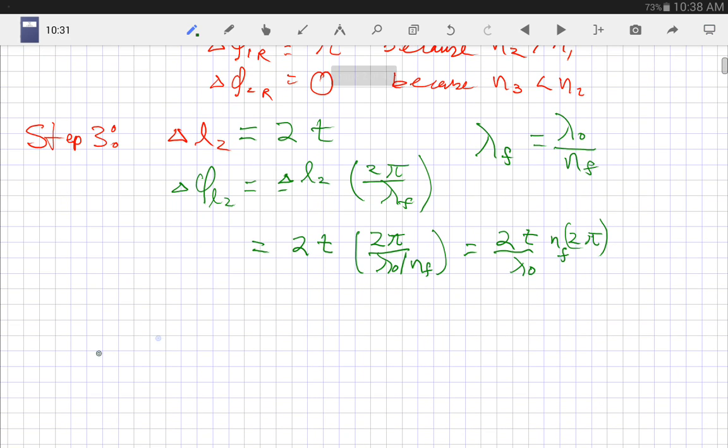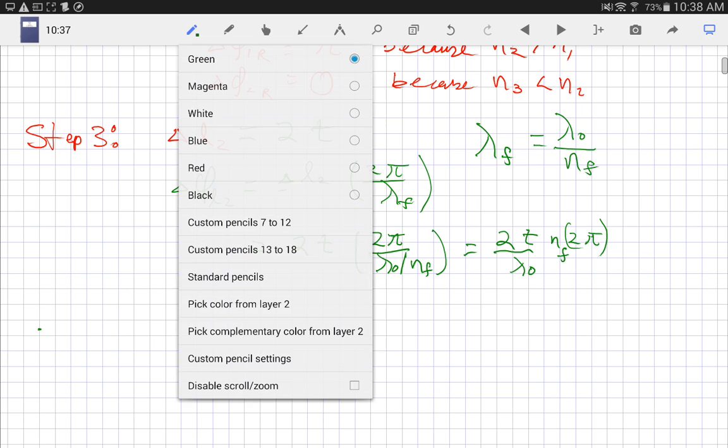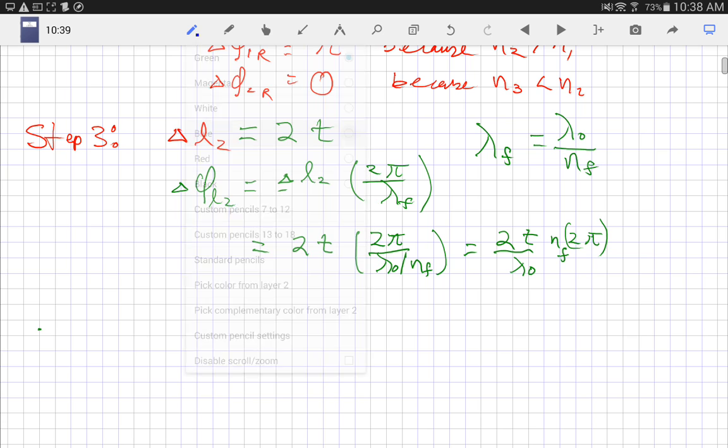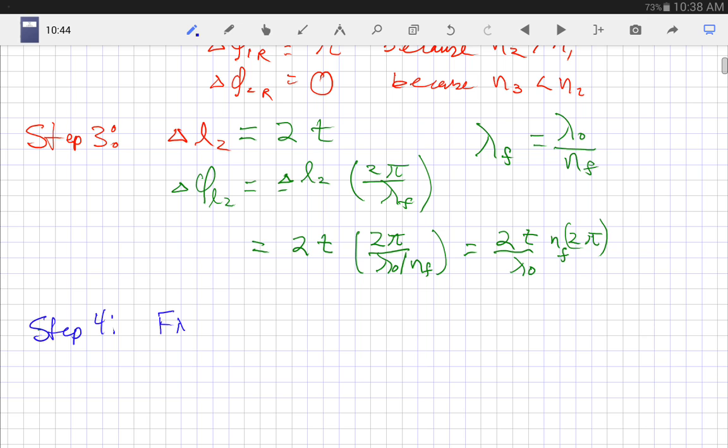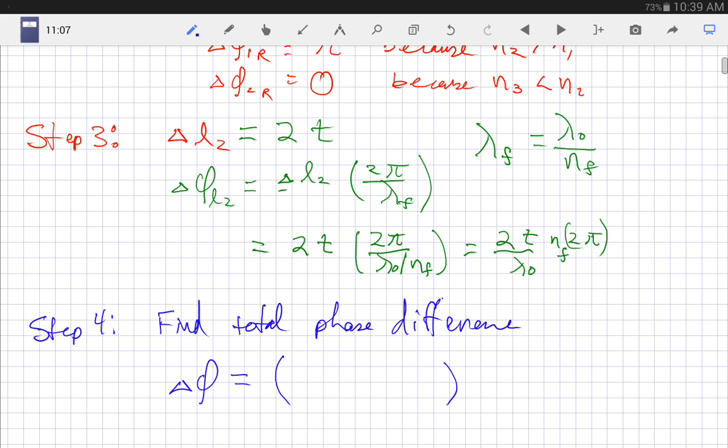Now I'm going to find my total phase difference. Phase shift isn't good. Phase difference is a much better word. So my change in phase is going to be equal to the change in phase for path 2 minus the change in phase for path 1.